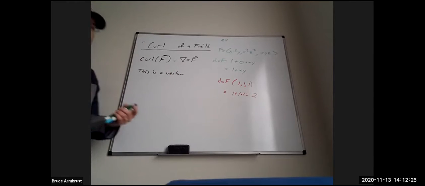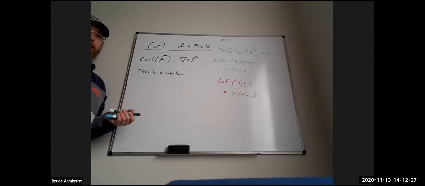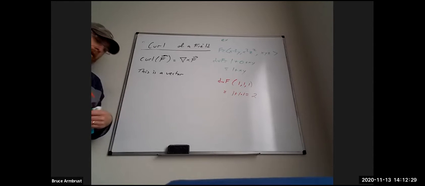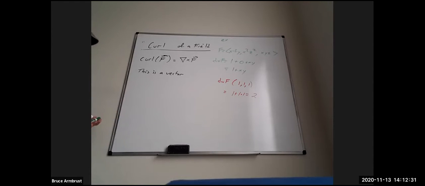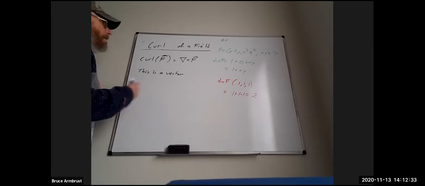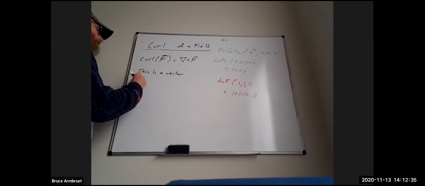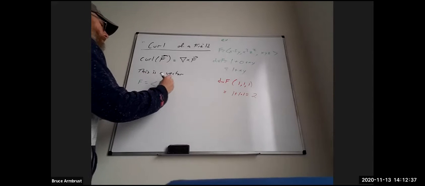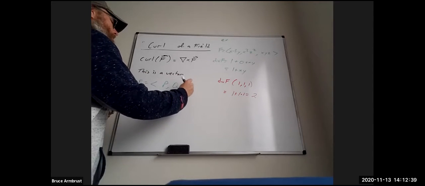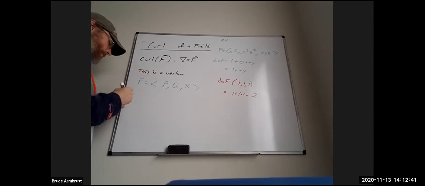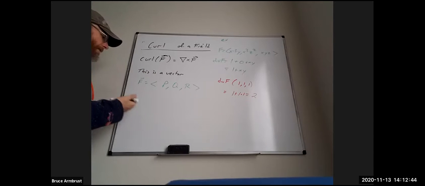So the divergence was a scalar, but the curl is a vector. Now, if our F is PQR, then this is how you get the curl.